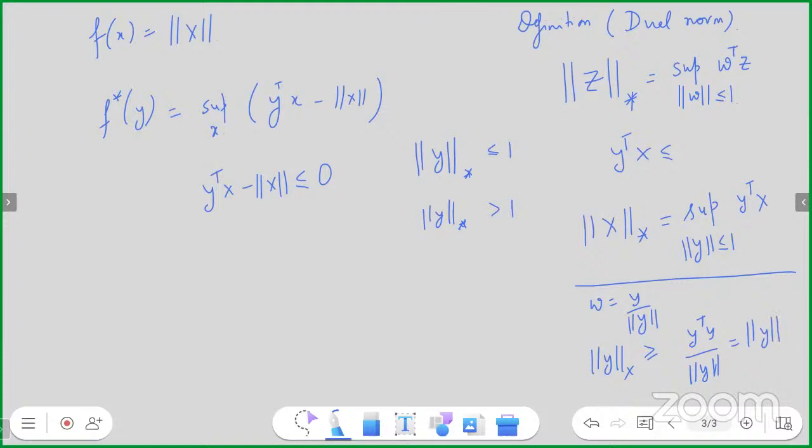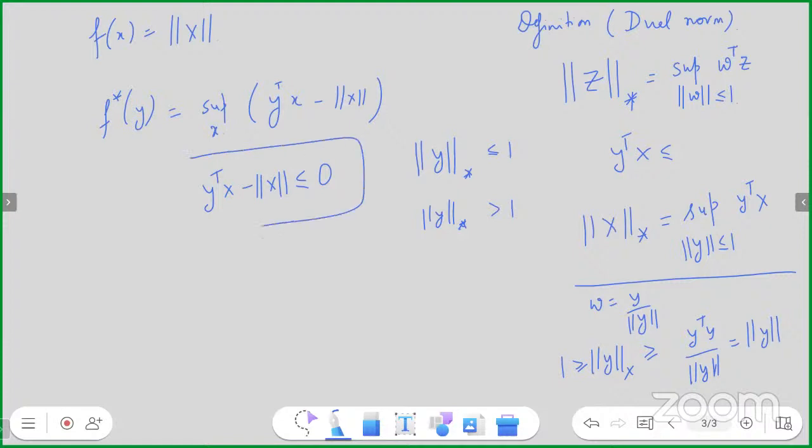Okay. And this is at most 1. So why does it help me, even if this is true? Then, what do I want?